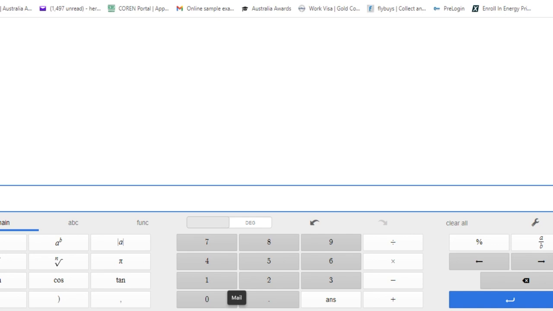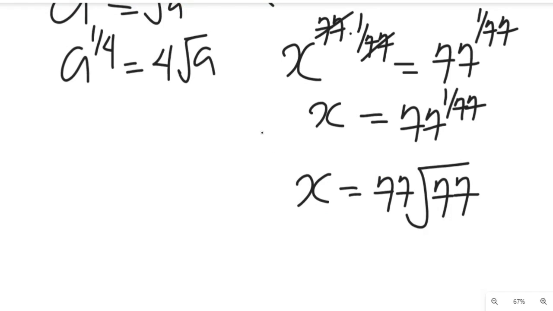If we look for the 77th root of 77, what will it give us? Look at what it gives us: 1.058. Fine. So that makes our x equal to 1.058.